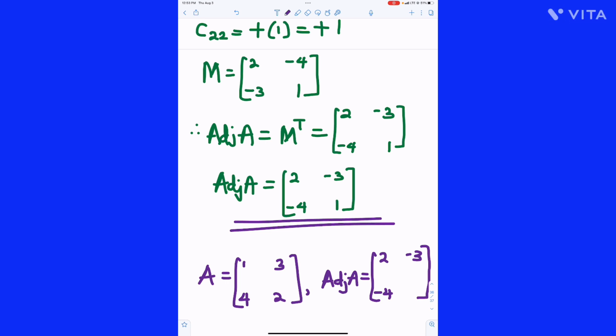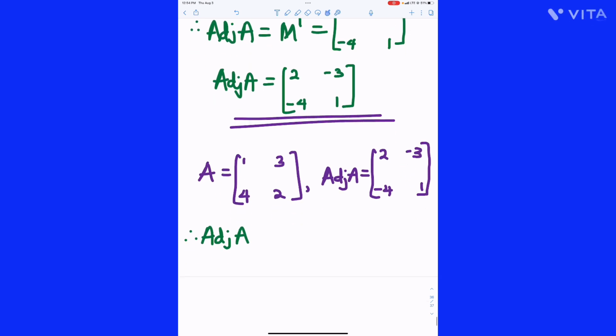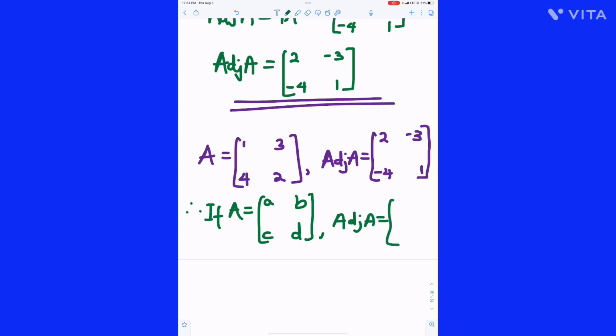So technically speaking, you will notice that all that is required to find the adjoint of a 2 by 2 matrix is this: if A is the matrix A, B, C, D, it means, therefore, that the adjoint of A is the matrix.